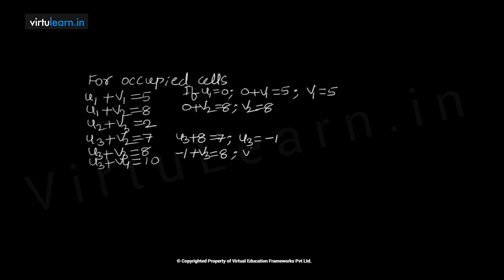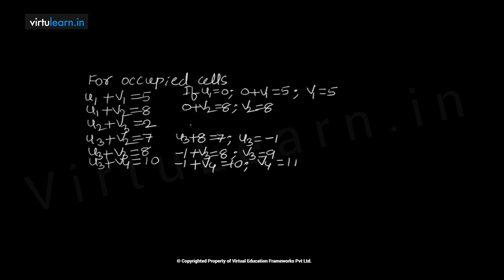That means V3 is equal to 9, because the minus 1 goes to that side and becomes plus 1. Then U3 plus V4 is equal to 10. That is minus 1 plus V4 is equal to 10. That means V4 is equal to 11.